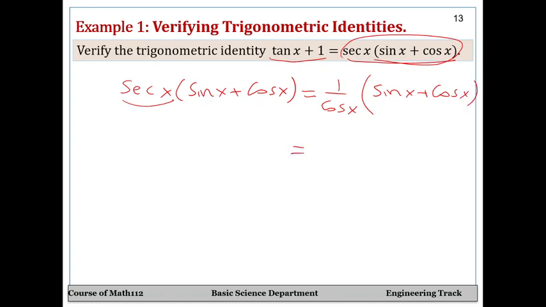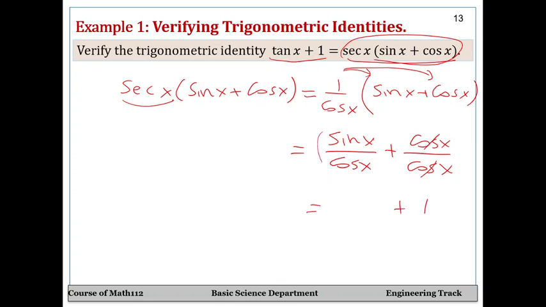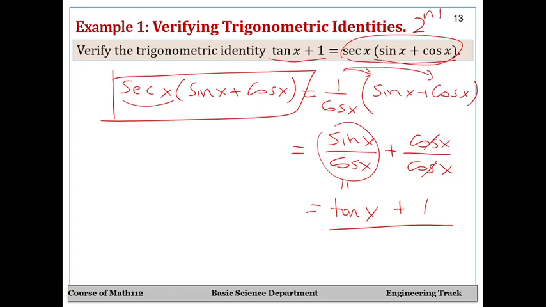Then when you multiply them, what happens is sine x over cosine x, and this will be cosine x over cosine x. Here this will give you 1, and this is equal to tangent x. So we started from the second part, and we got the first part. So the second part is equal to the first part.